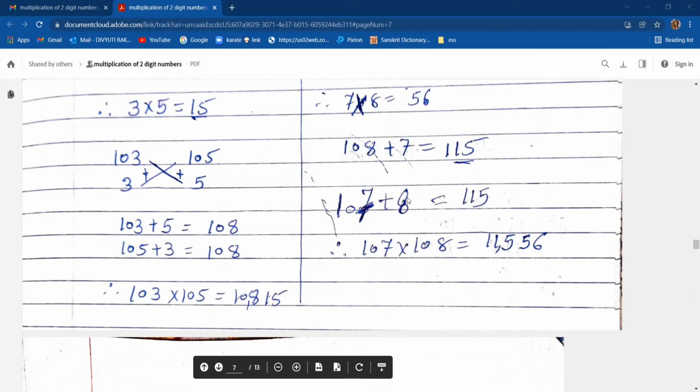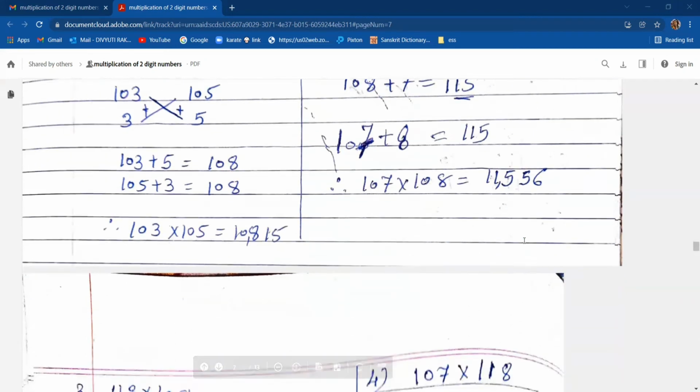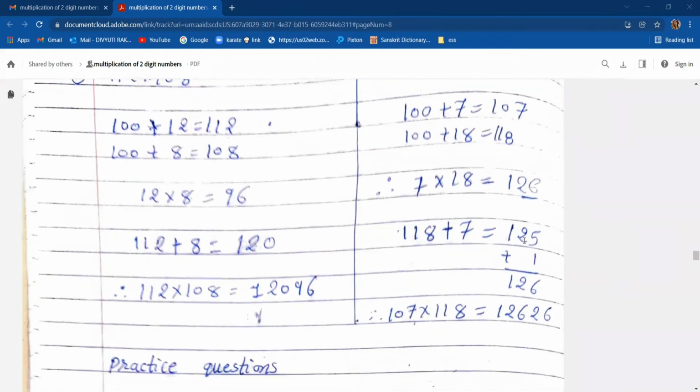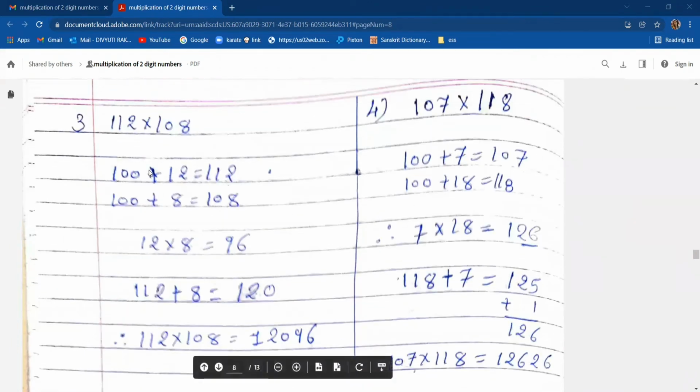I have written it here because I just want to explain how it works. Otherwise 115 is the answer of addition, so I will put it in the first, and then 56 at the last. So answer is 11,556. Let's do one more question so that we get more idea.